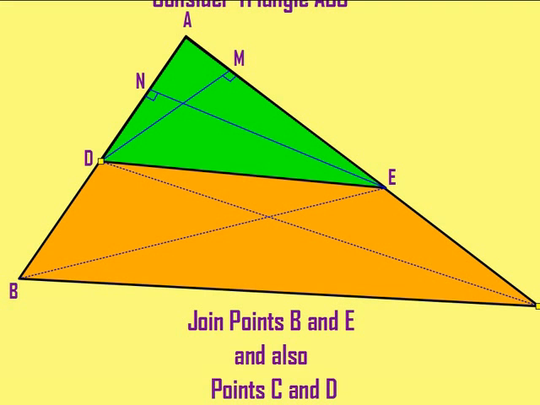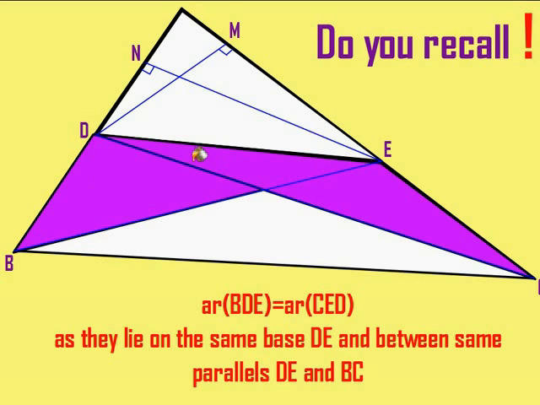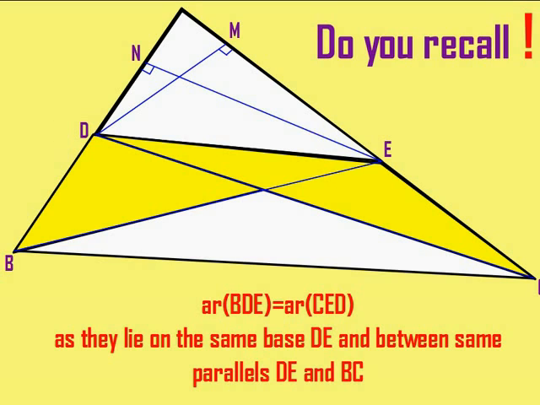Next, do you recall that we have studied previously that if there are two triangles, say here B, D, E, or if I color it so as to make you understand better, triangle BDE and CED are on the same base DE, and they lie between the parallels DE and BC.